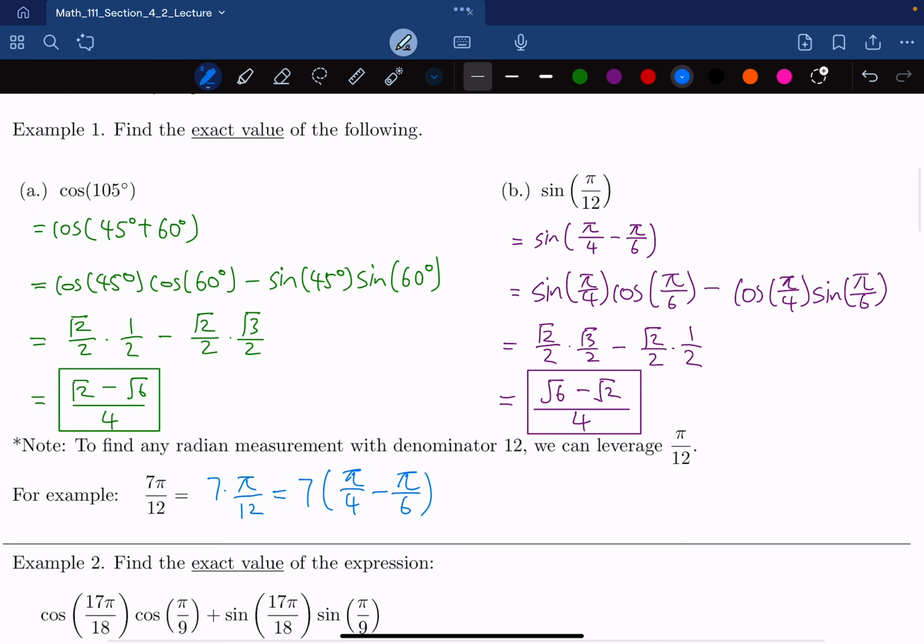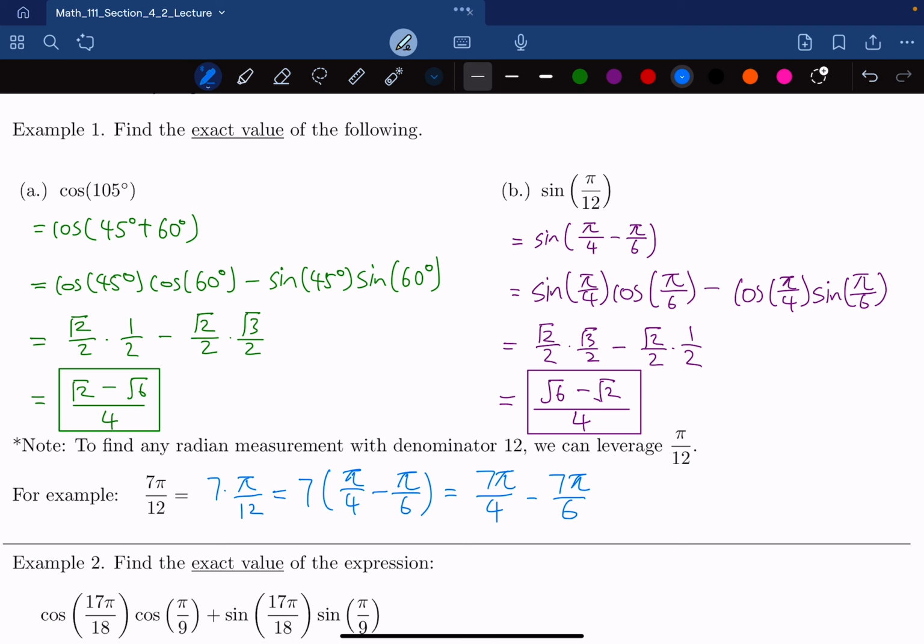And then we distribute the 7, so this becomes 7 pi over 4 minus 7 pi over 6. Okay? And those two angles are angles that we can work with on the unit circle. So you can basically handle all radian measurements with a denominator of 12 like this.